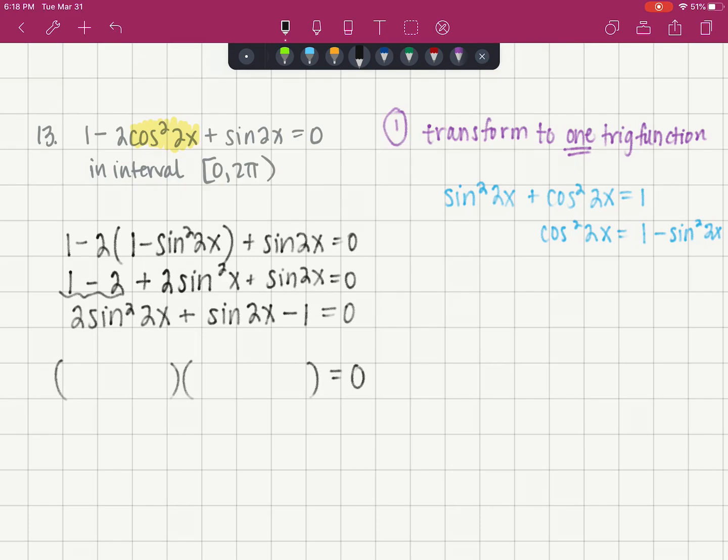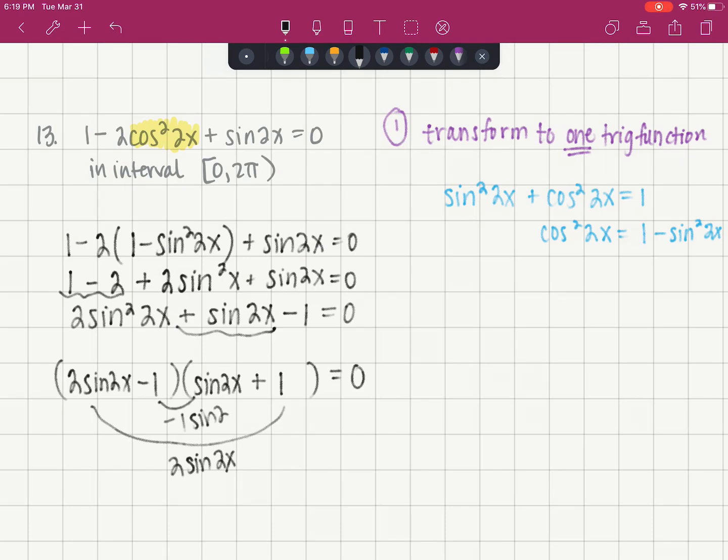So how do we get back to 2 sine squared of 2x? Well, we've got 2 sine of 2x and we've got sine of 2x. How do we get back to negative 1? Well, that's easy. That's a positive 1 and a negative 1. And I want a positive middle term. So my positive 1 will go with the sine of 2x so that I have 2 sine of 2x.